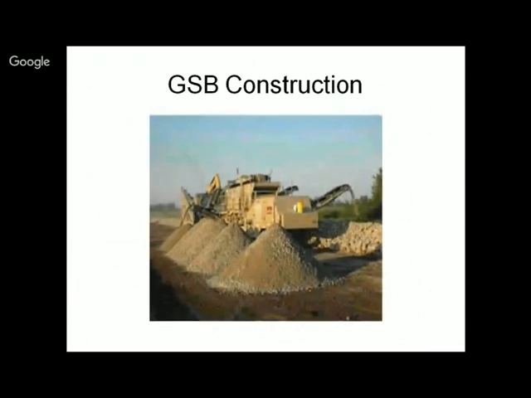Now let us see how we go with the construction. So before we go for construction, let me recapitulate. There are two sources of GSB material, riverbed side and secondly the quarries. Or third is that you need to blend the material from crusher side with some natural material.